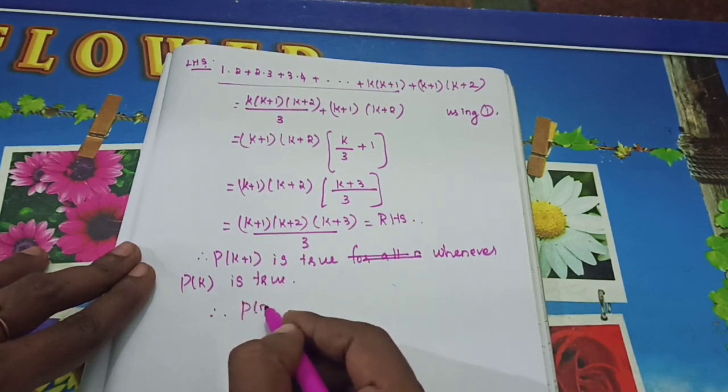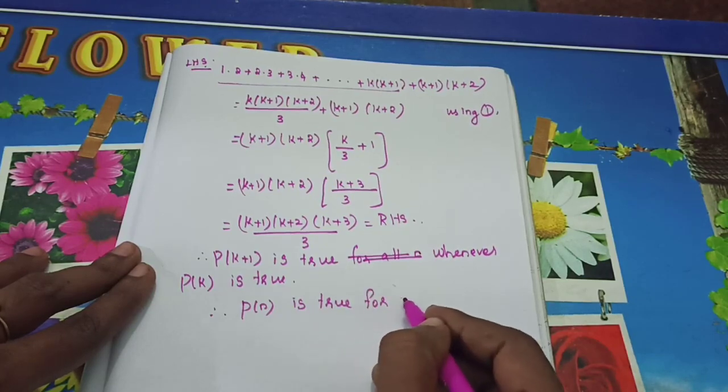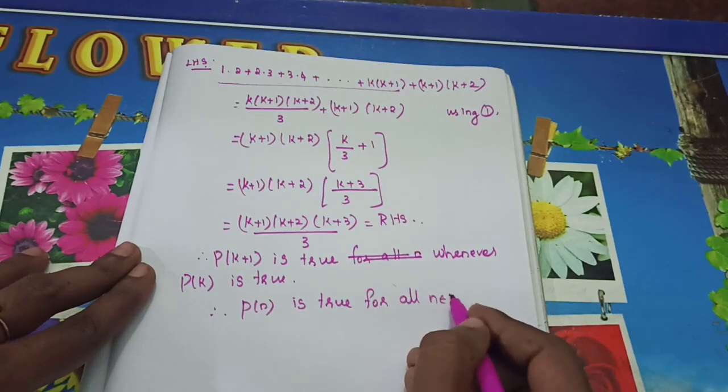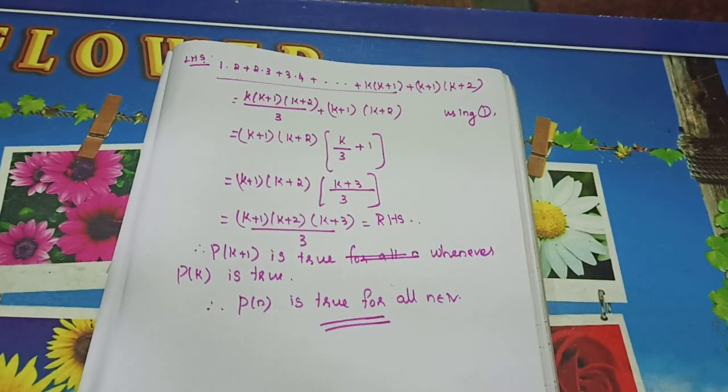Therefore, P of n is true for all n belongs to N. Understand? So these are the problems you can do as homework, but this section is very important. Because of that I am doing everything. So do it correctly. Okay. Let's move to the next question.